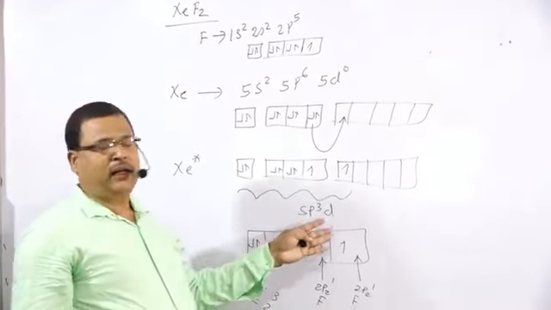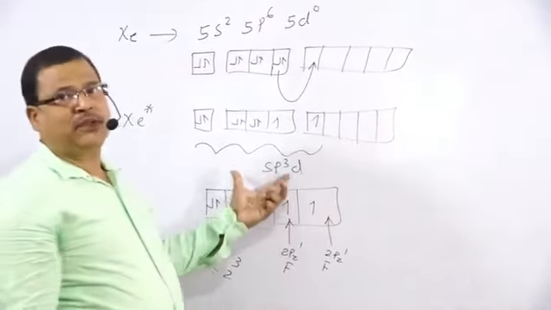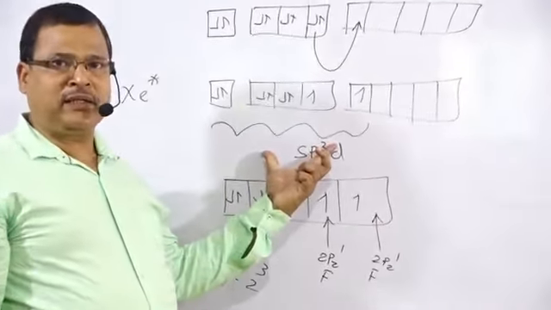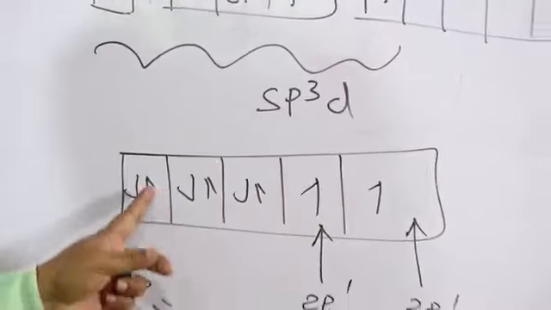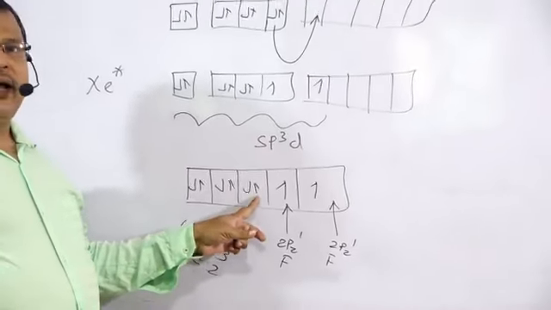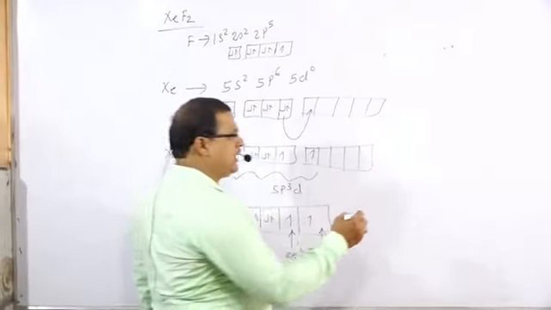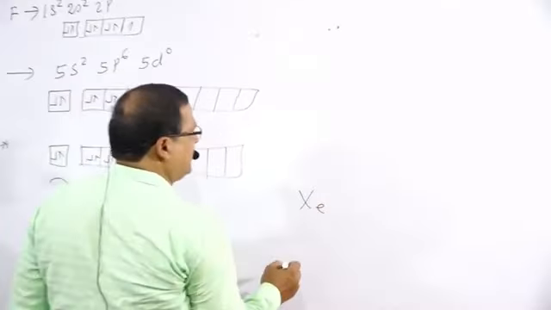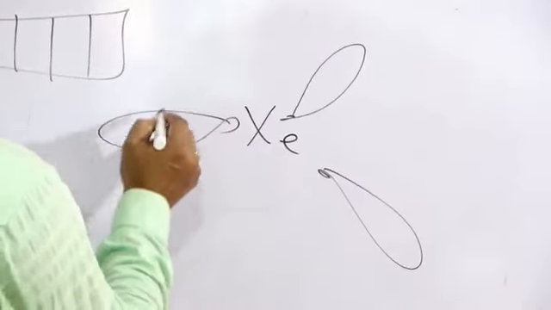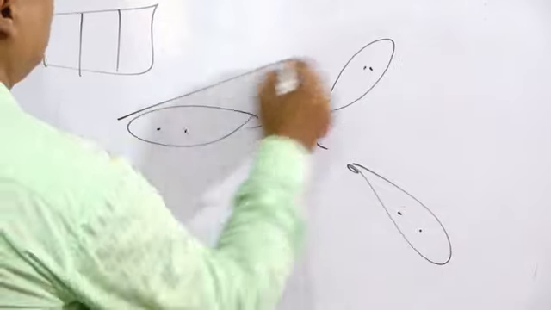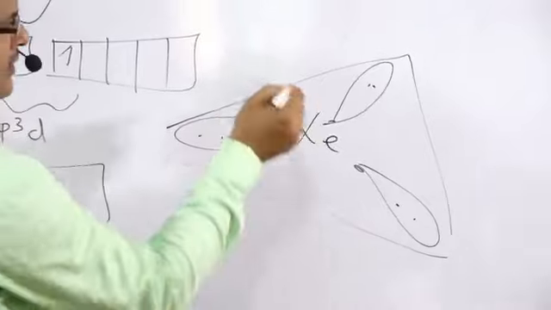If you write the structure for this, sp3d hybridization would give a trigonal bipyramidal structure. But because of the presence of lone pairs of electrons, according to VSEPR theory, it has a linear structure. The xenon atom is at the center, the 3 lone pairs are at the 3 corners of the equilateral triangle, with one fluorine atom on each side.